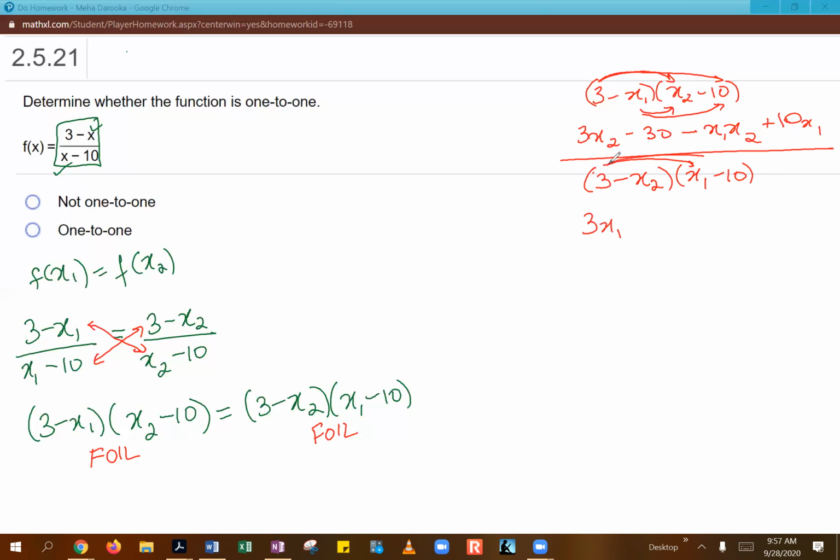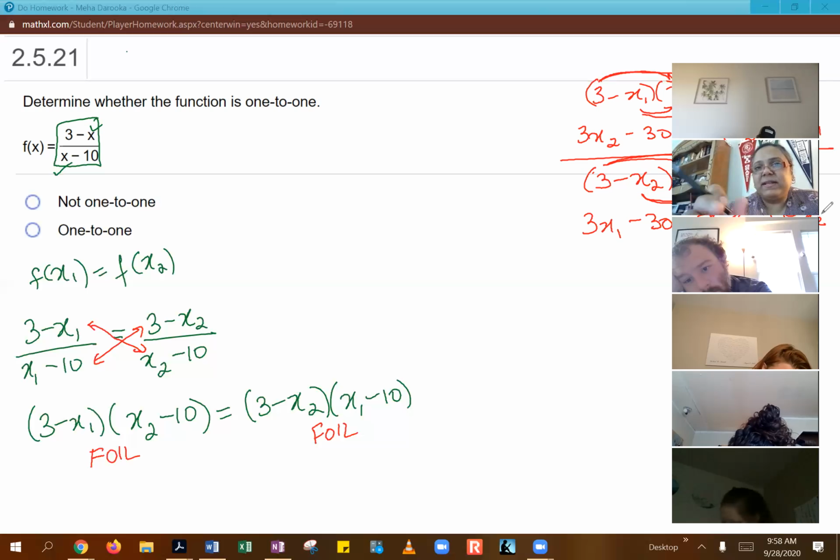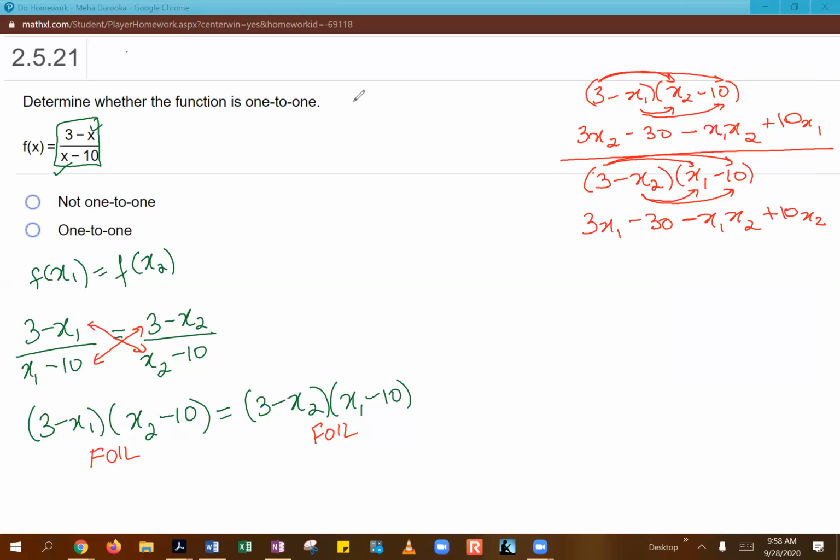Then we are doing 3 times negative 10, which is again negative 30. Negative x2 times x1, so just putting it in order. And then again, negative and negative is positive, 10 times x2. Okay, so take each side, FOIL it, and like I said, go slow so you don't make a mistake.